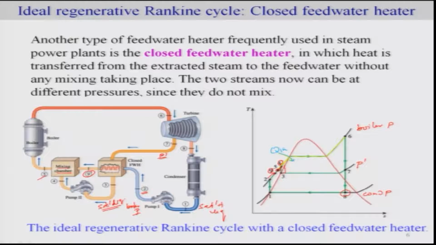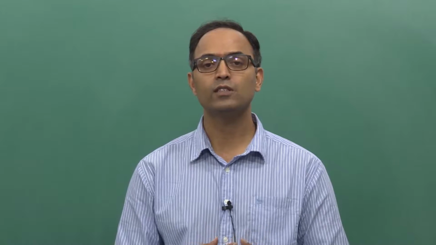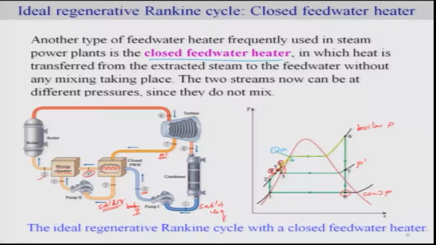By using this closed feed water heater, we have also raised the average temperature from what is observed at to 5, okay, without mixing here, which can exchange heat at different pressure. But of course, also here we are having a physical mixing. So, this is a different way of increasing the heat or temperature of the fluid before entering the boiler. Okay. And that is the regenerative Rankine cycle.